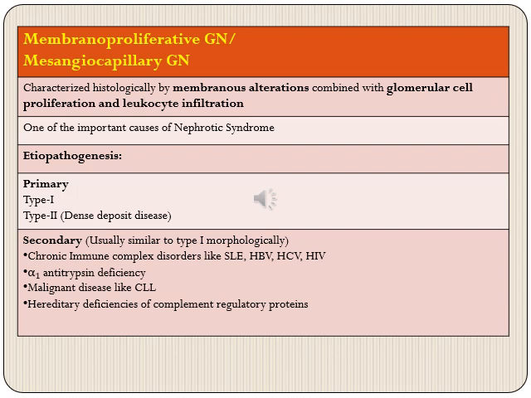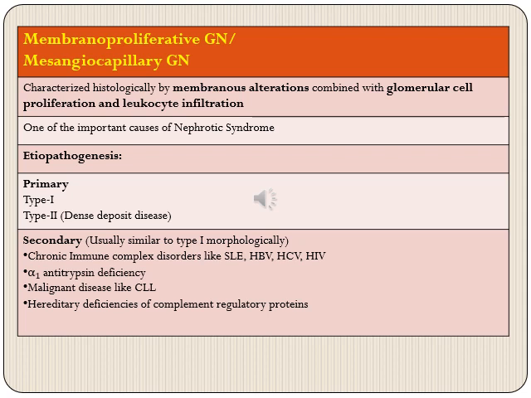Coming on to the next entity, which is membranoproliferative glomerulonephritis, also known by the name of mesangiocapillary glomerulonephritis. As you can see, this is a combination of two terms, membranoproliferative or mesangiocapillary. Both give equal information. Membrano means there is involvement of membranes, and proliferative means there will be proliferation of mesangial cells.